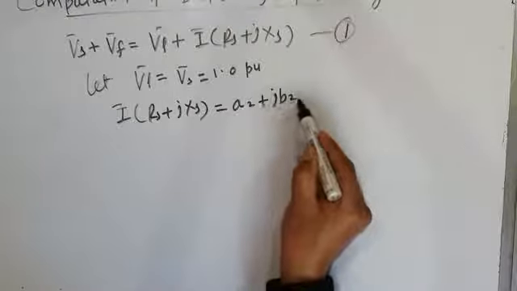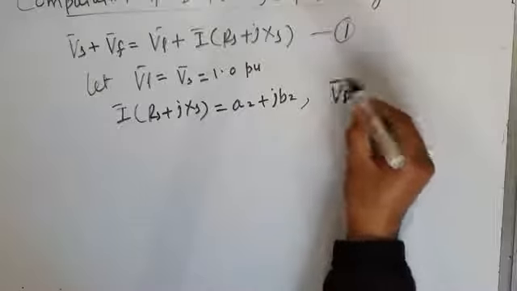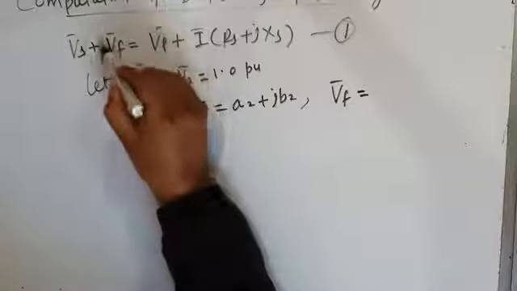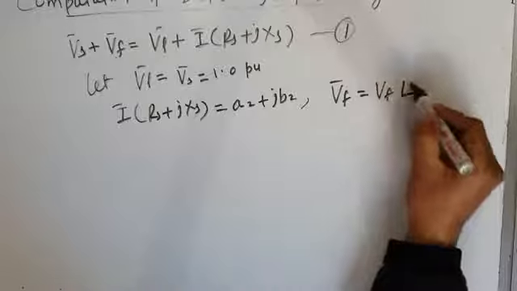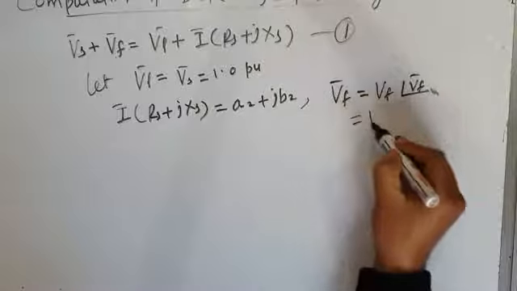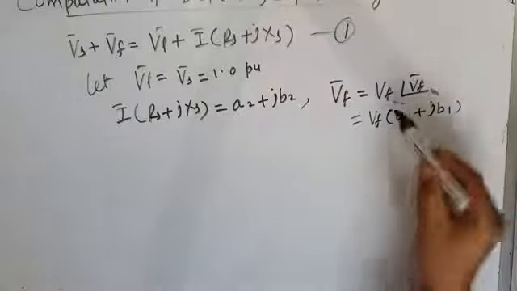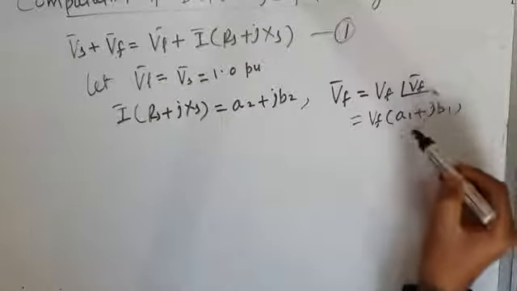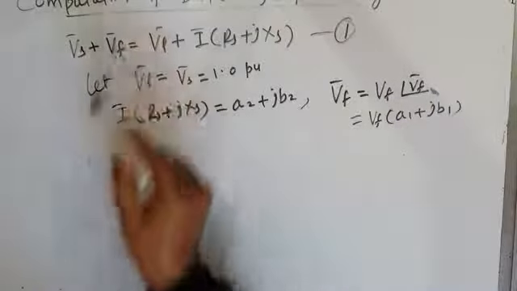And let Vf, that is the injected voltage by the DVR, the compensation voltage, be Vf at an angle, equal to A1 plus JB1. The injected voltage will be at some phase angle. When you resolve that phase angle, you will get a real part and a reactive part. So we can substitute these values in equation 1.